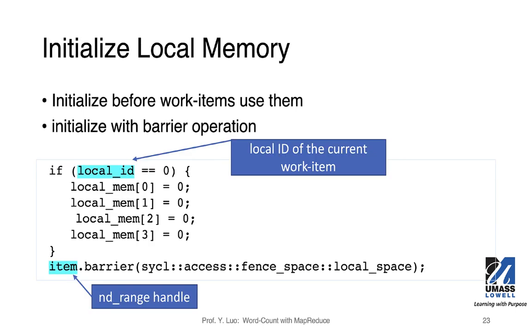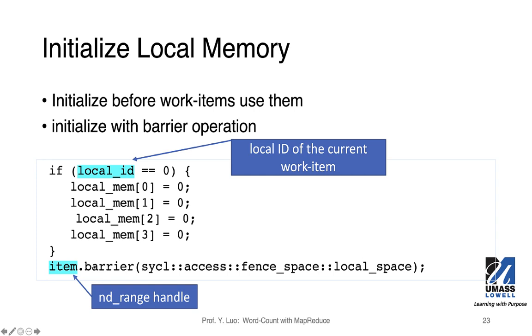The next step is to initialize local memory. We need to initialize the local counters before work items can use them. To do that, we pick one of the work items using this local ID. This local ID is the ID of the current work item. And we will just put zeros into this local memory, which we use for the counters.